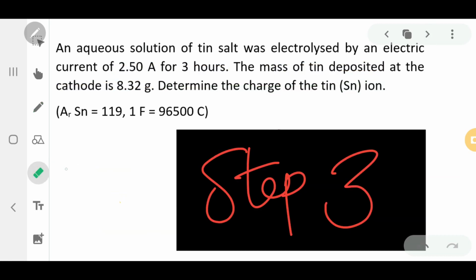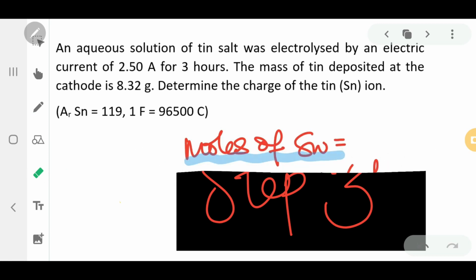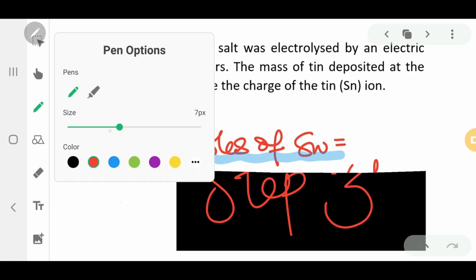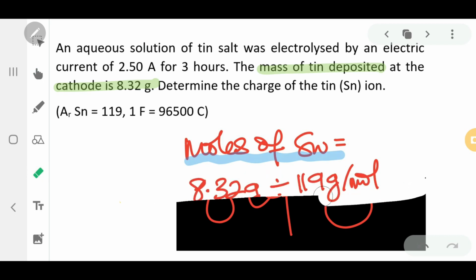In step 3, we're going to find out the moles of tin because you have the mass of tin being deposited. You have the mass of tin deposited in cathode is 8.32 grams. We need to change that into mole. So this is exactly what we are doing right here.